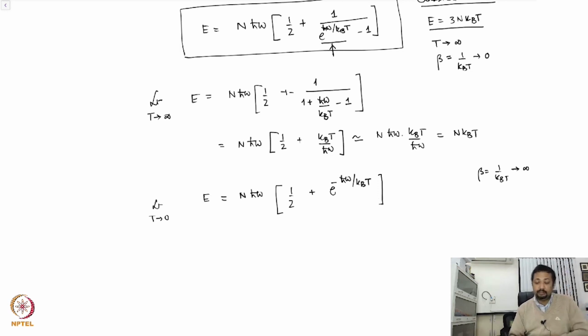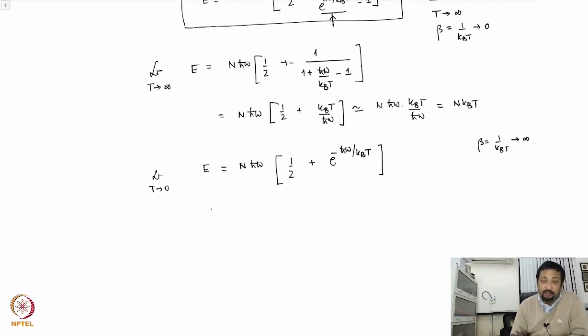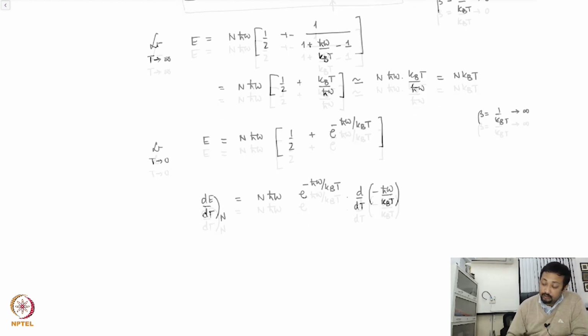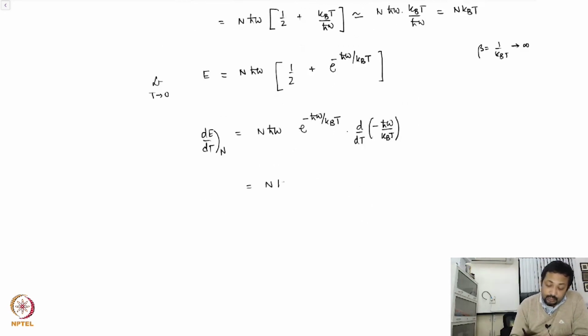Once again, the specific heat now becomes dE/dT at constant n, which is n h bar omega e to the power minus h bar omega over kBT times d/dT of minus h bar omega over kBT, which is going to be n h bar omega e to the power minus h bar omega over kBT.